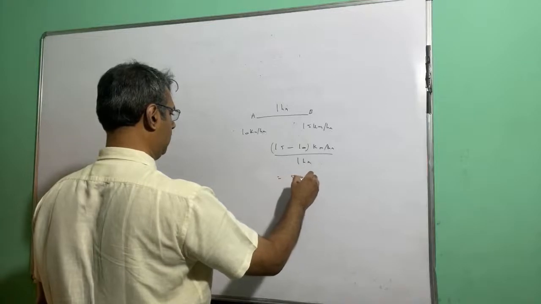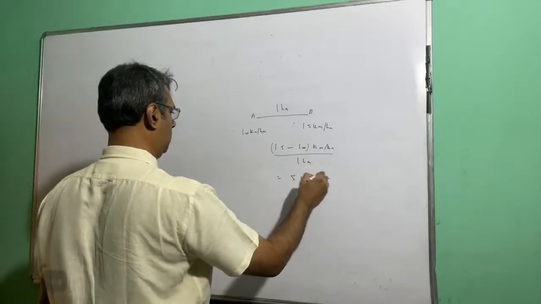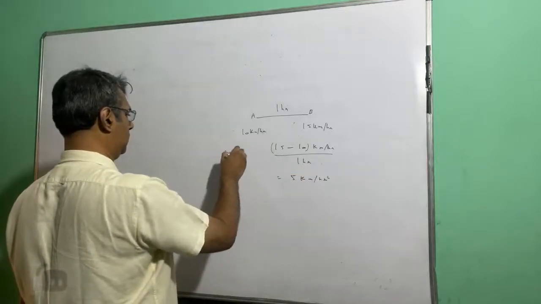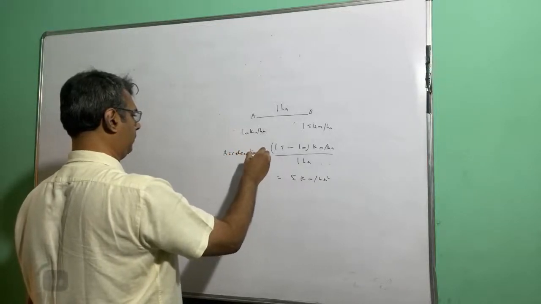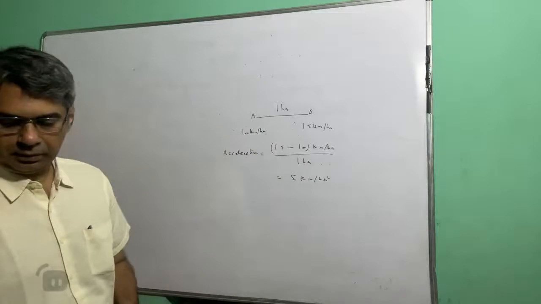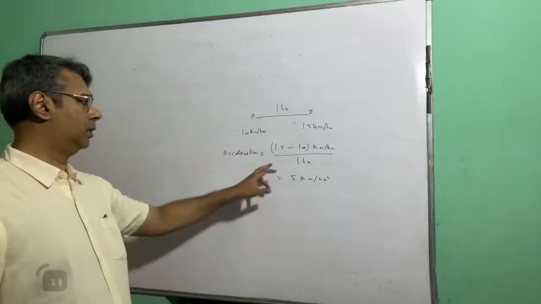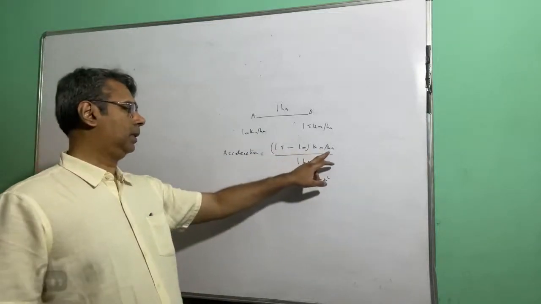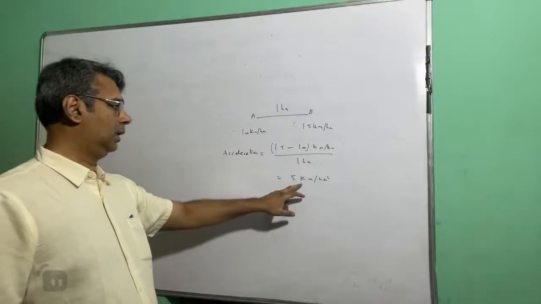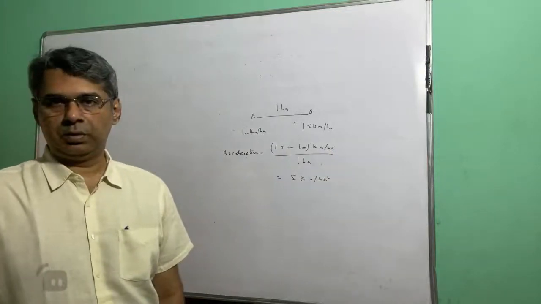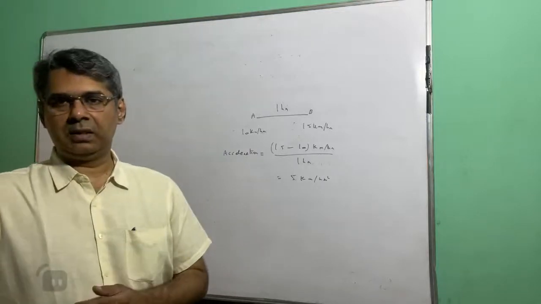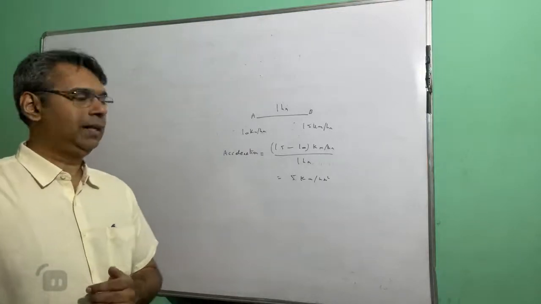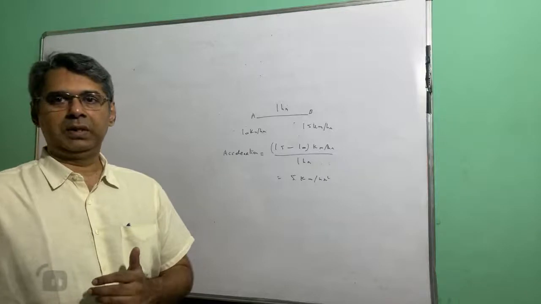So we say that the acceleration of the body is 15 minus 10 km per hour divided by 1 hour. That means 5 km per hour square. So this is the acceleration of the body. So what exactly is acceleration? It is the rate of change of velocity with respect to time.